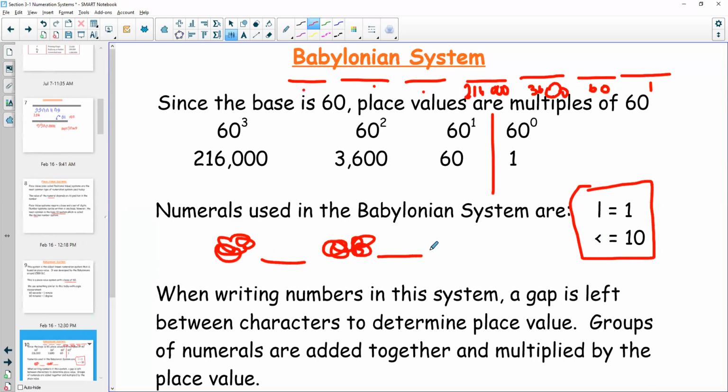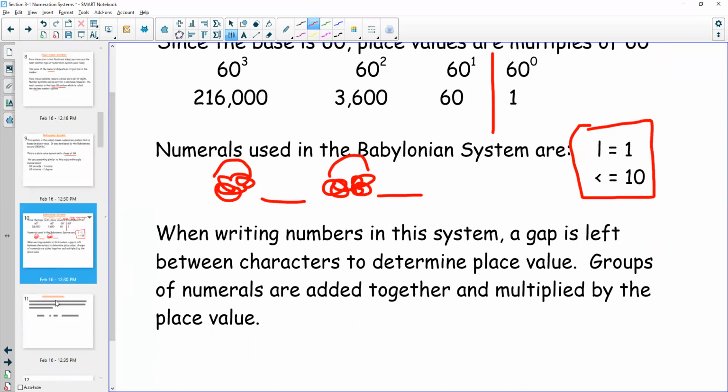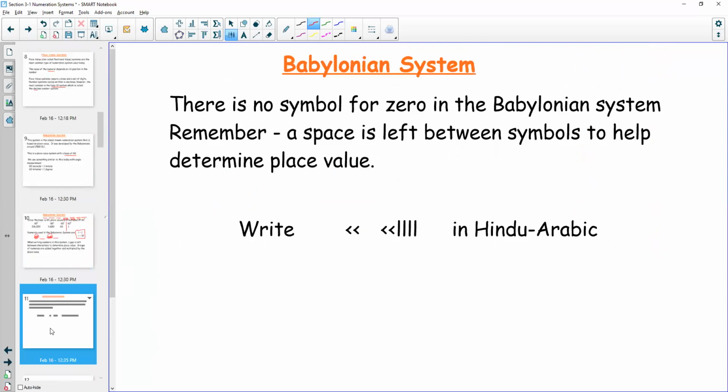That's how you determined that this was a group, and how many of each set of values you had. Okay, so let's see what that looks like. Before we do that, there is no 0 in Babylonian. So the space in between things tells us value, okay?